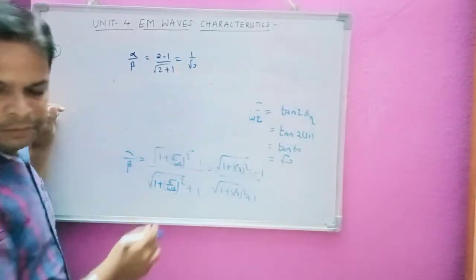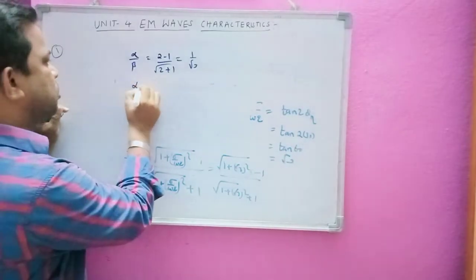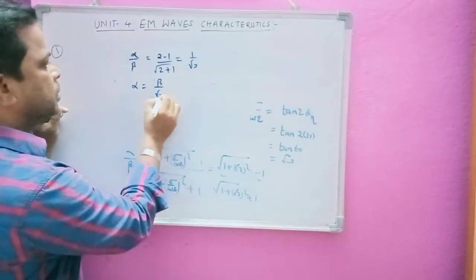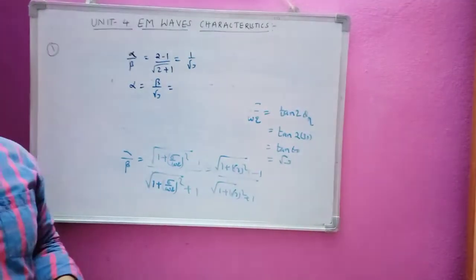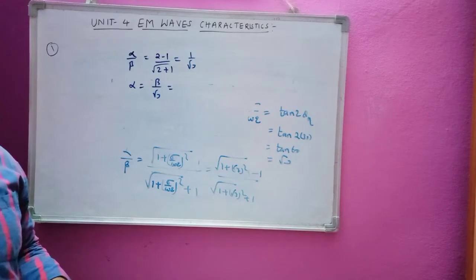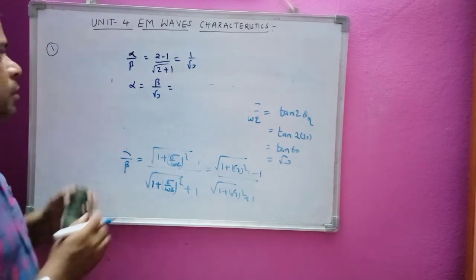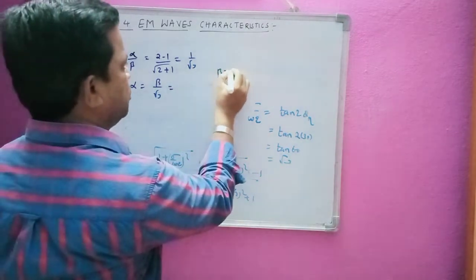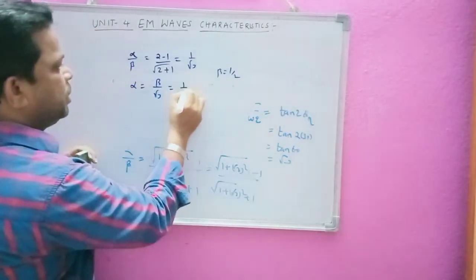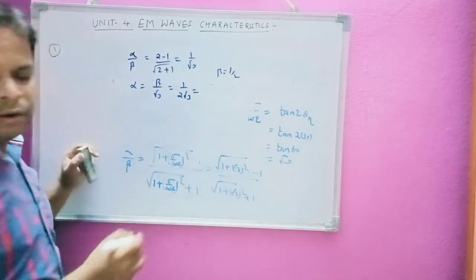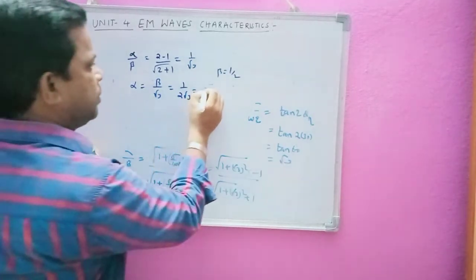Similarly, alpha is equal to beta by root 3. Now beta, from the given data, is equal to 1 by 2. So if I substitute 1 by 2 root 3, it turns out to be the value of 0.2877 Nepers per meter.